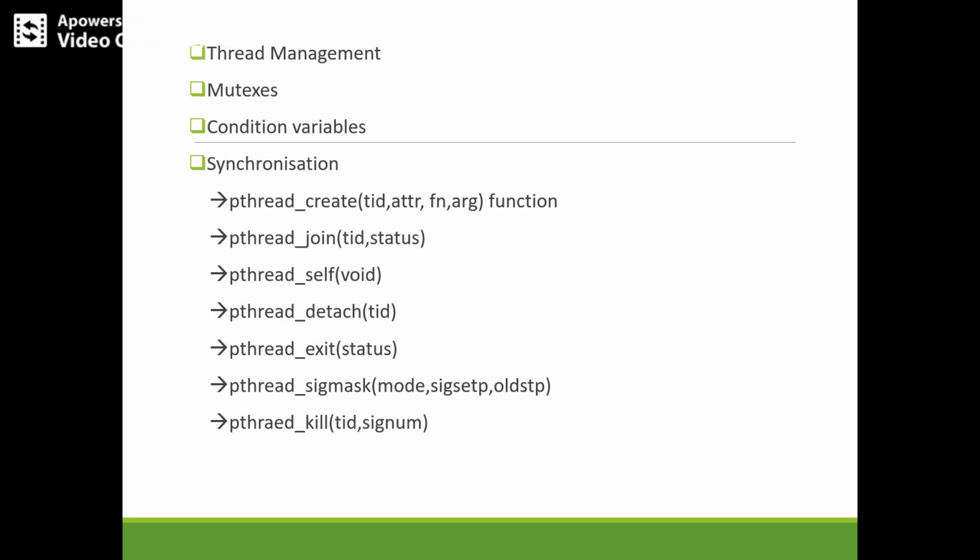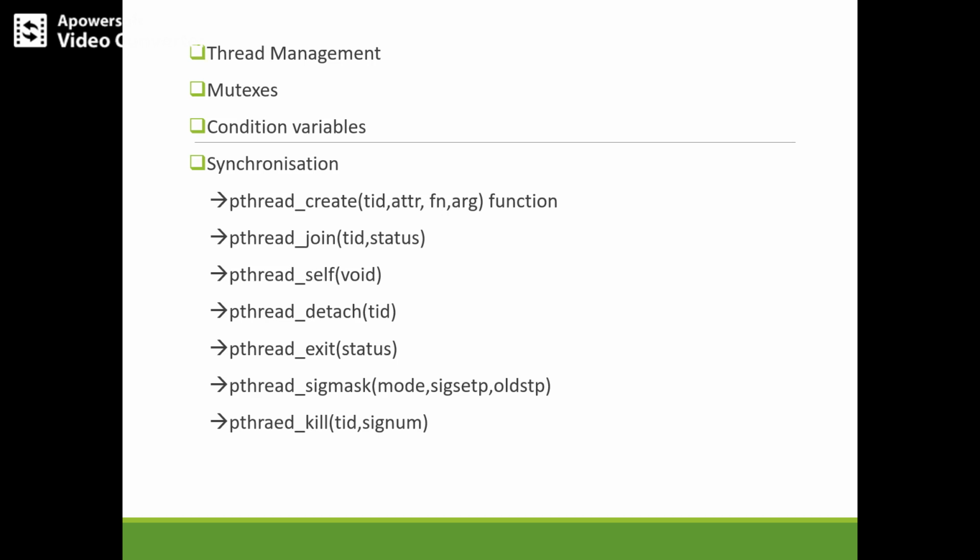Next, we also have the pthread_sigmask and pthread_kill functions. The prototypes for them are listed here. The pthread_sigmask function sets the signal mask of the calling thread.